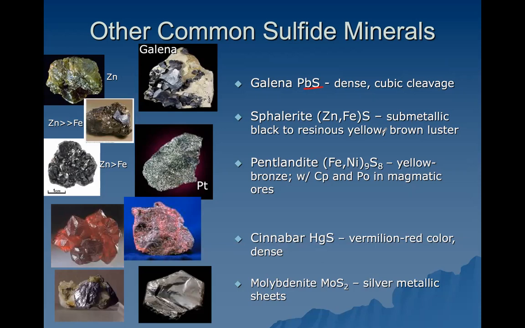What is resinous texture? It's a very dull texture. Then we have pentlandite, that is iron and nickel bearing sulfide, right? And it gives a bronze color in that particular mineral.